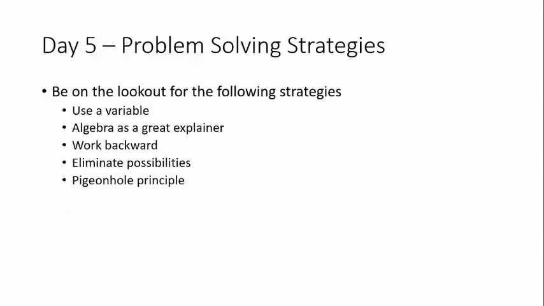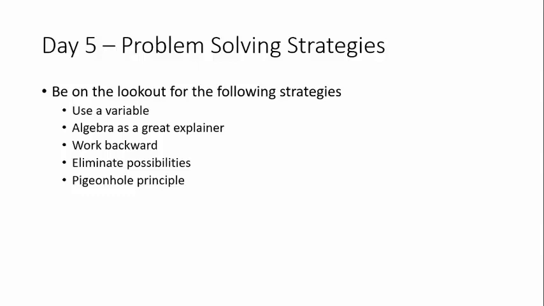So today we have looked at a number of problem-solving strategies. This last problem used the pigeonhole principle. We eliminated possibilities with the problem with desserts. We worked backwards with the problem dealing with Josh and Sam jumping the fence. So we've seen applications of a number of these strategies today.